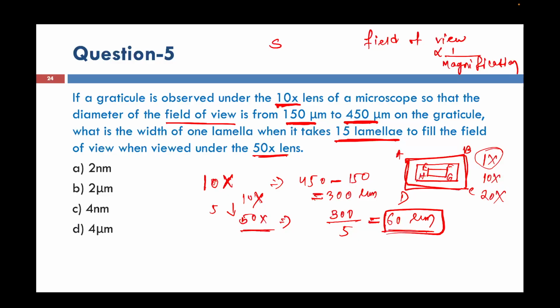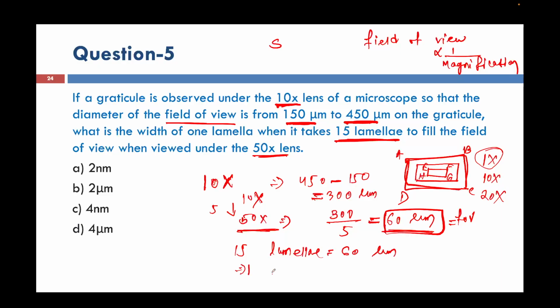So what is the width of the lamella? I might not necessarily use one lamella to view this complete 60 micron field of view. It has asked 15 lamella. So the total field of view, if you are talking about, is 60 micron. I need to see it in 50x magnification. So for 15 lamella I am getting a 60 micron field of view.